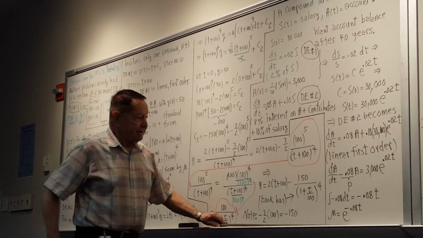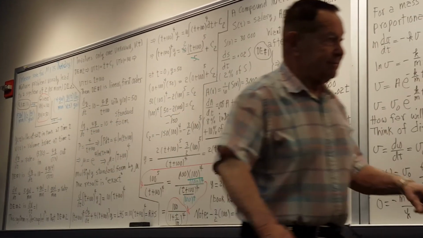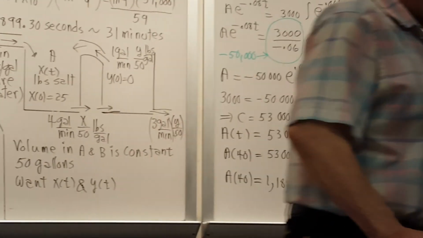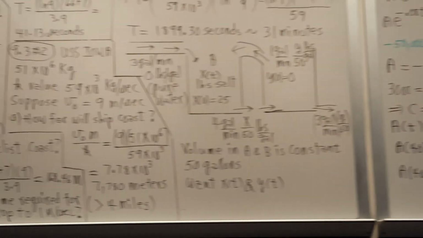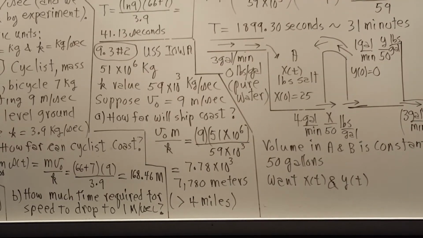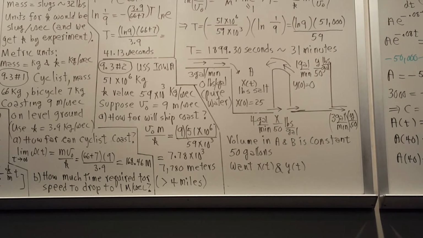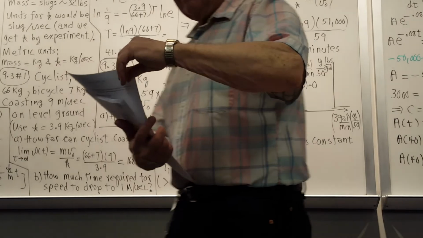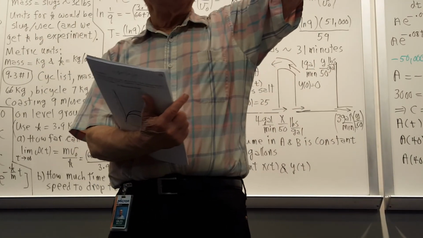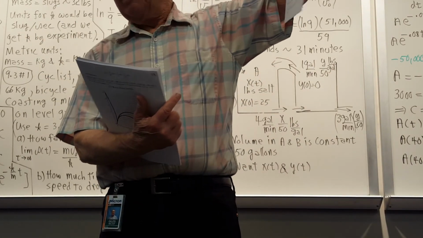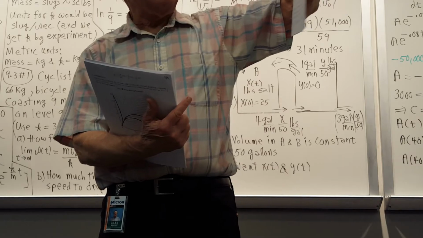Well, now let's look at some other examples. If you were here last week, you got a handout that's in my handwriting, which actually goes with the Math 333 class.